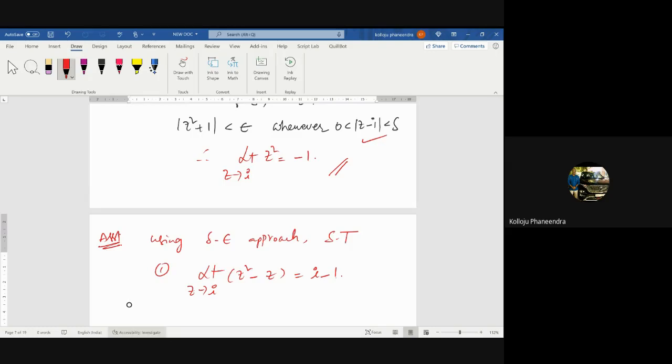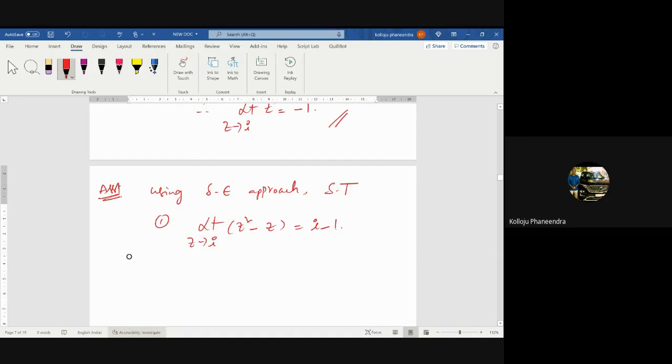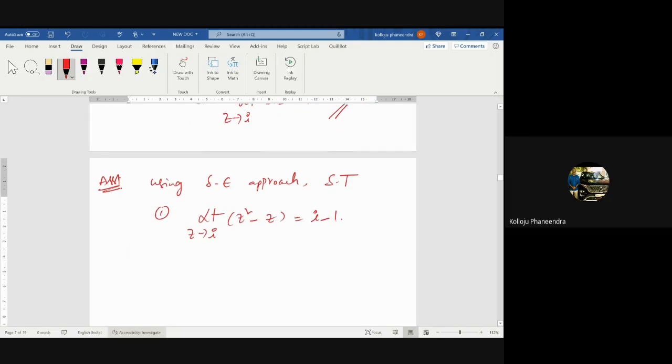Now another approach. To find the value of the following limits, you can find them directly, it doesn't matter.